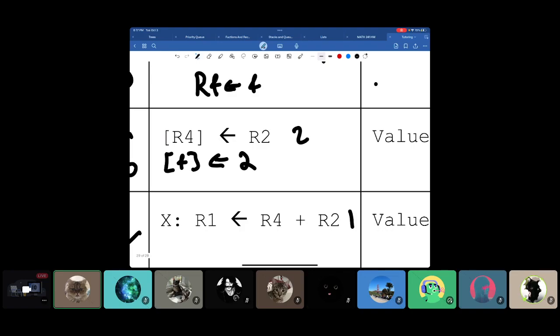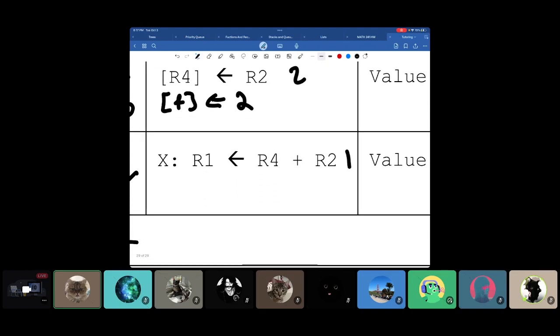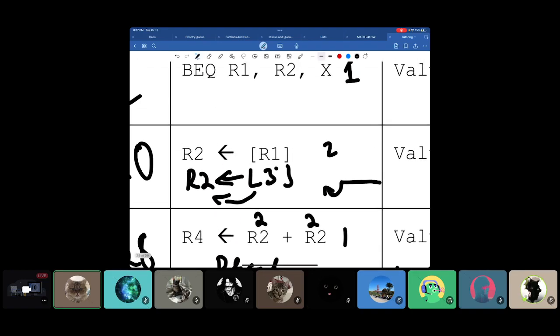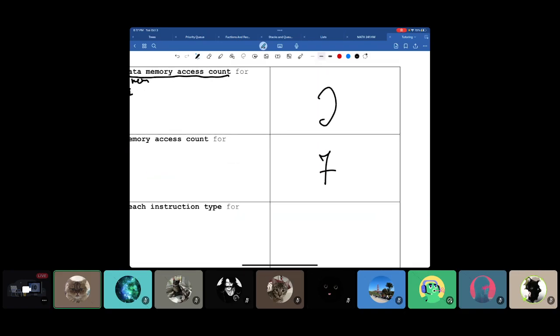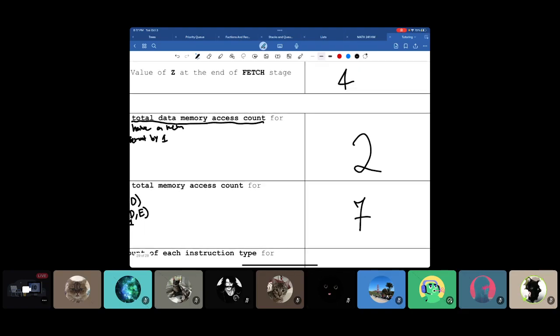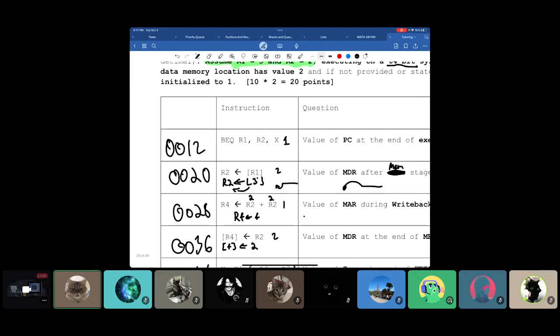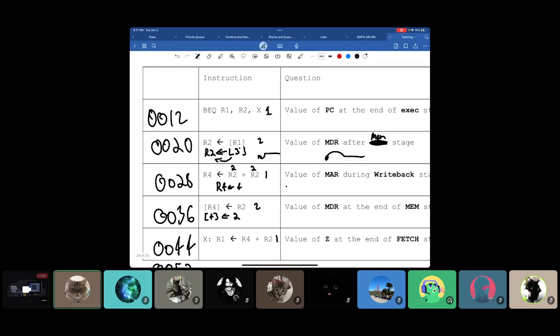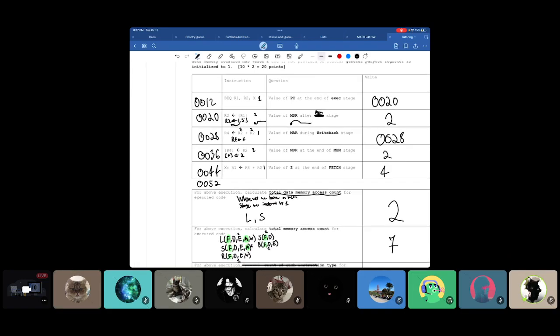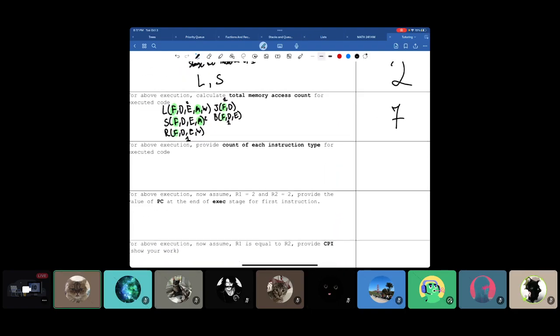Fourth instruction, that's a store. Fifth instruction, that's an R type. So in total, we have one load and one store. We add those together, and the answer is going to be 2, because combined from this whole program, we only have 2 memory stages. So that's why our answer is 2. Any questions about that?